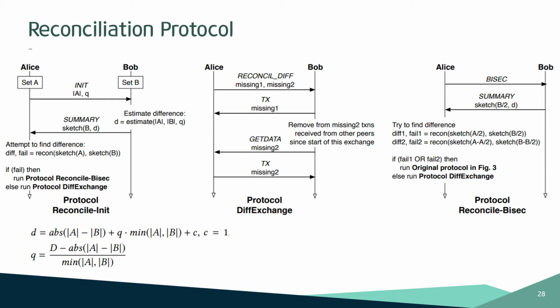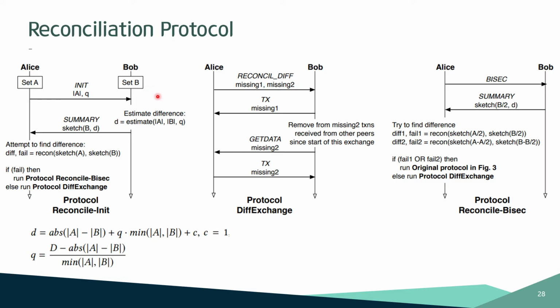In summary, the entire reconciliation protocol follows this figure. First, Alice sends the size of her set A and some value Q. This Q is derived from this equation, and then Bob receives the size of set A and the Q value.